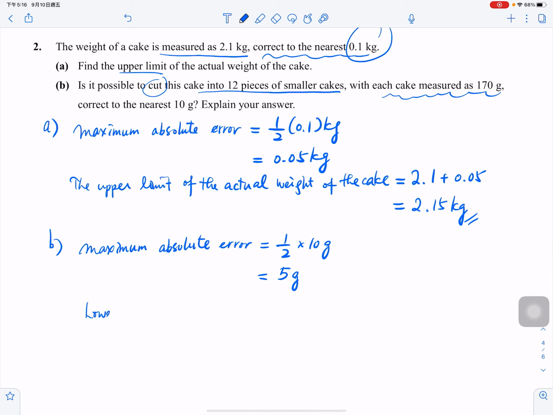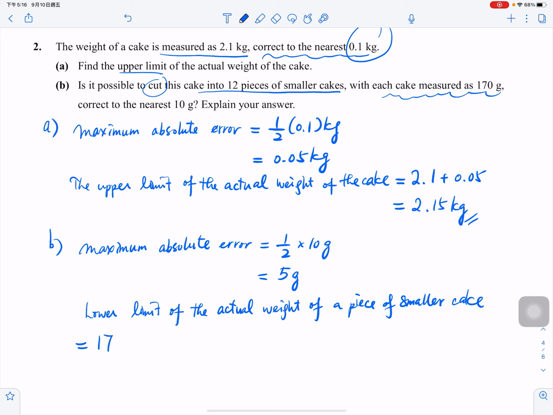Oh, this time find the lower limit of the actual weight of a piece of smaller cake. That means what? This one, 170 minus 5 grams.